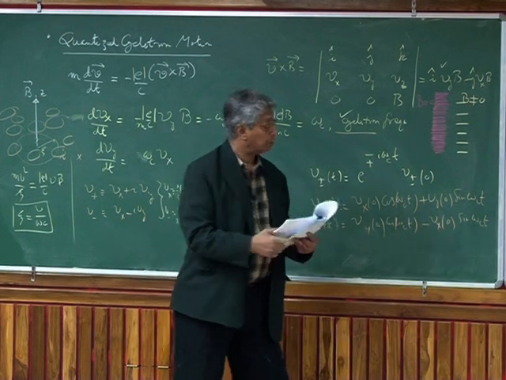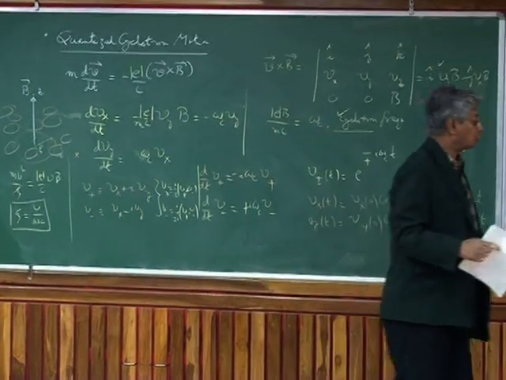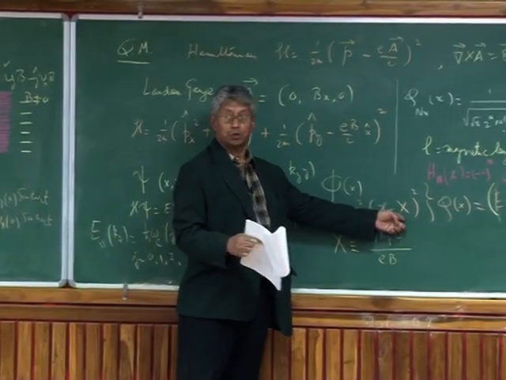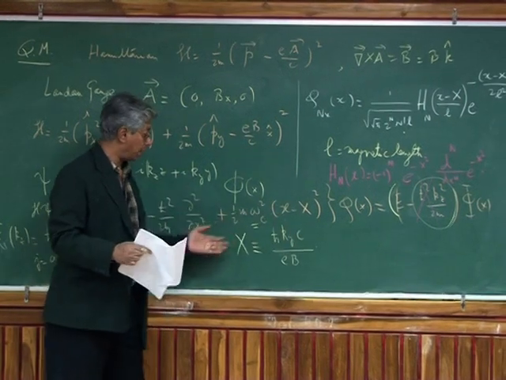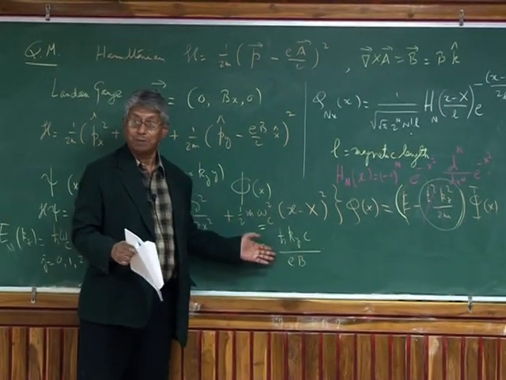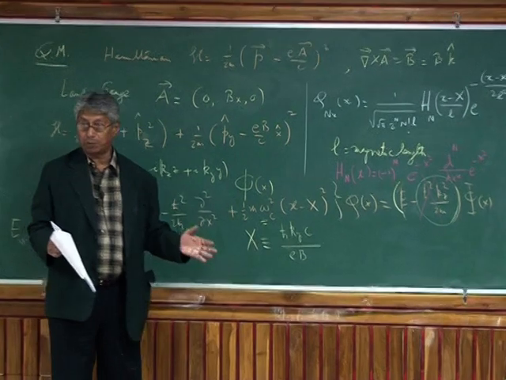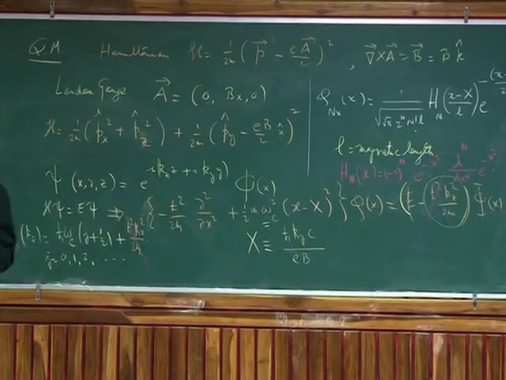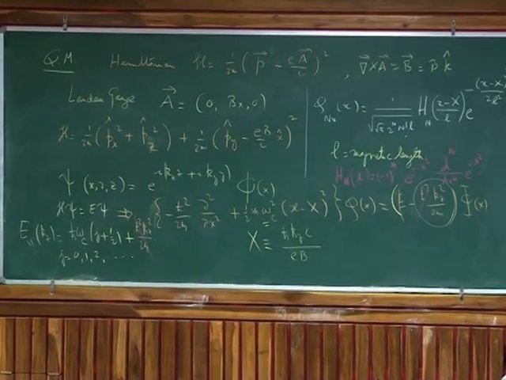However, because I have the freedom to choose where the center of motion of this oscillator is, which actually can take any possible value because of the possible values of ky, these levels are highly degenerate.